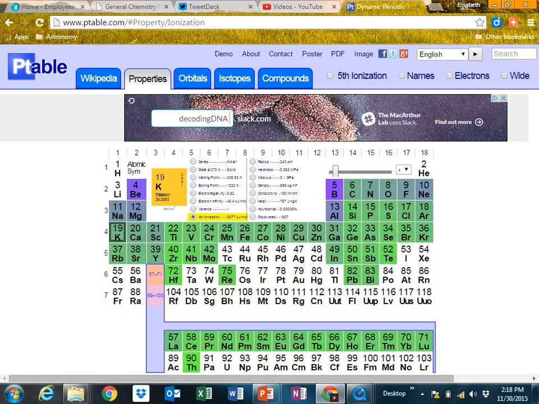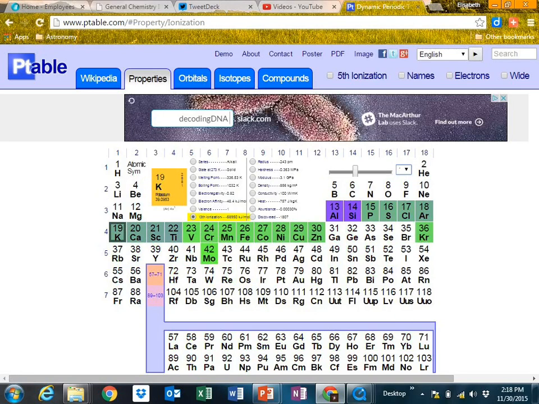Now if I go up high enough, to like the 13th ionization, that's like taking off the 13th electron. Look at all that energy for that. I just think that is so cool. It's the little things. But this is a good website for all sorts of things.